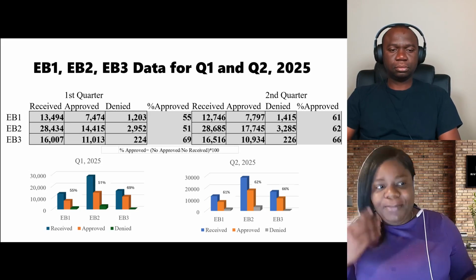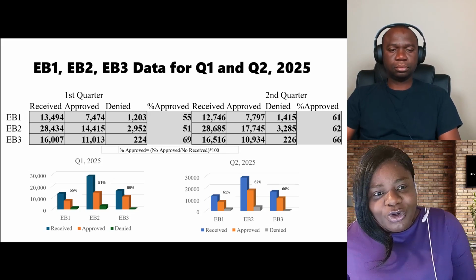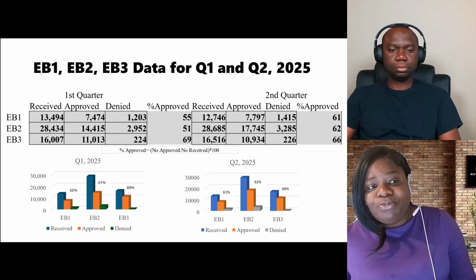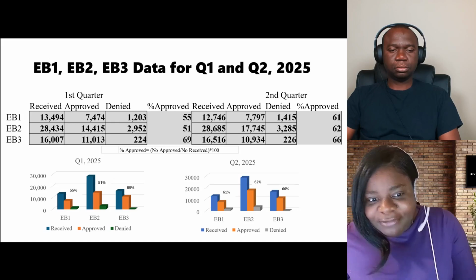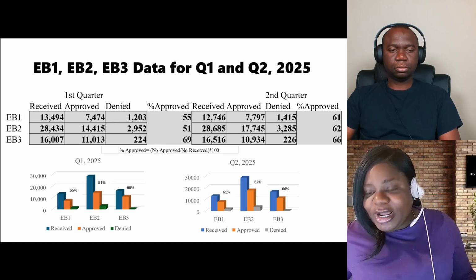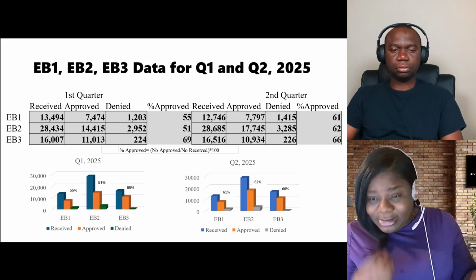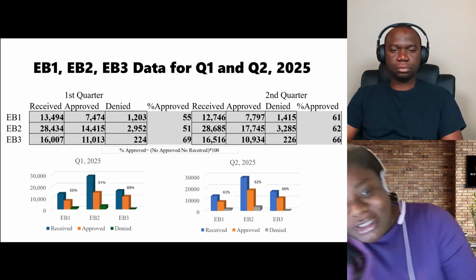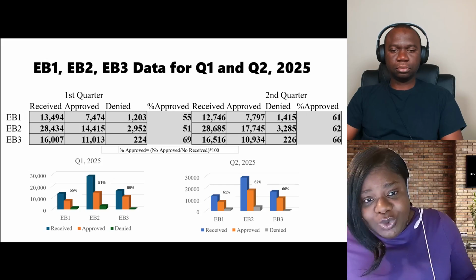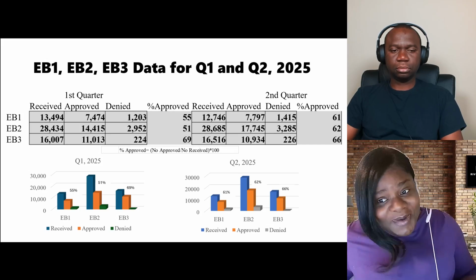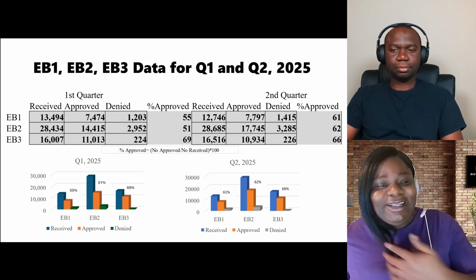So what is happening? For EB1, you see here that the percentage approved jumped from 55 to 61 in the second quarter. That's a plus, right? That's not really significant, but it's a plus. That's like a 6% increase in EB1, that very tricky category.